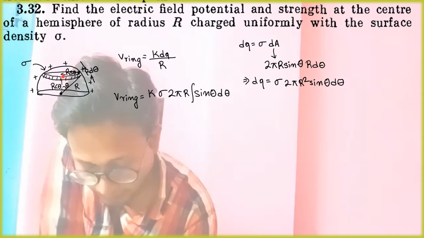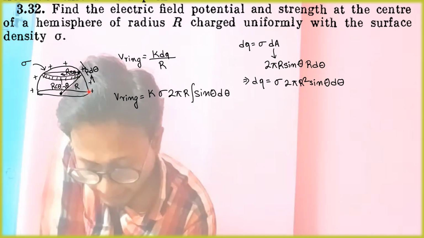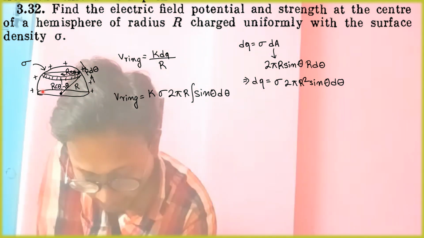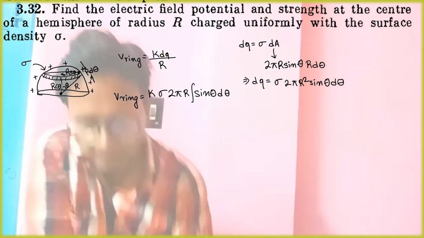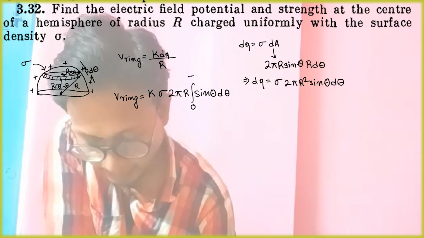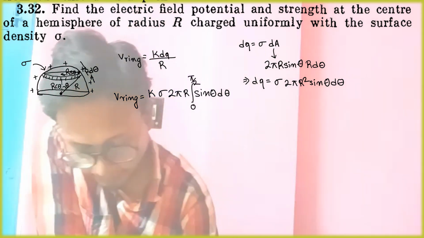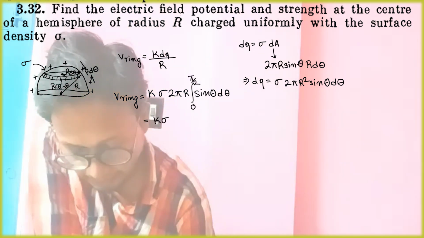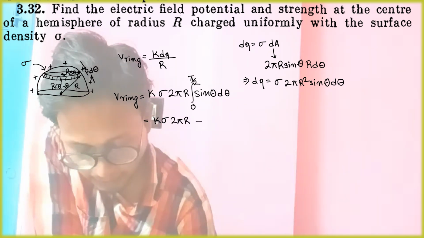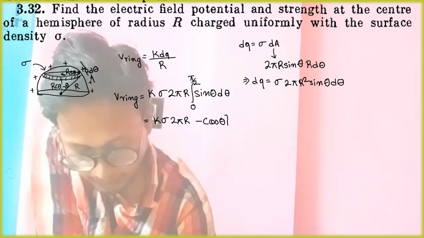If I integrate from theta equals 0, that means from the top, to theta equals 90, that means from the small ring at the top to the entire ring at the equator. So from theta equals 0 to theta equals 90, pi by 2. So k sigma 2 pi R into integration of sin theta, which is minus cos theta, isn't it?